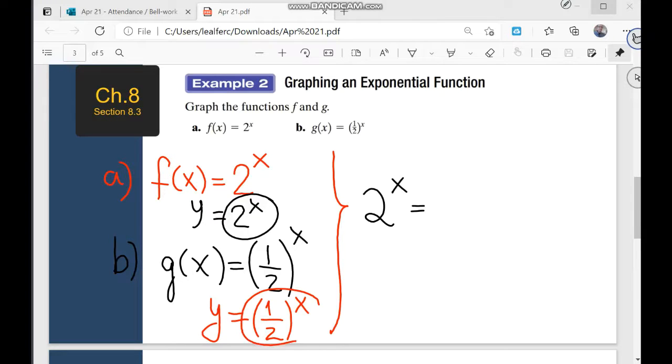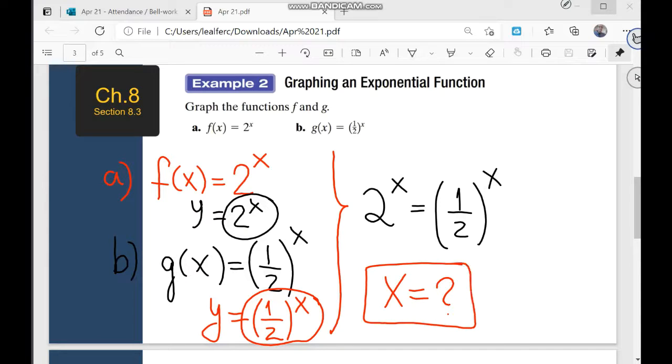Make it equal to 1 over 2 exponent x. See? I'm making f of x equal to g of x. 2 exponent x equals 1 over 2 exponent x. What is the solution? What is x equal to? Can you find the solution for this? Can you tell me what is the solution?